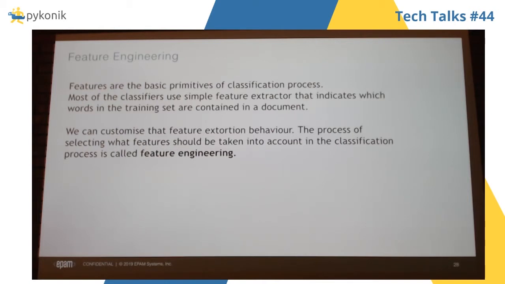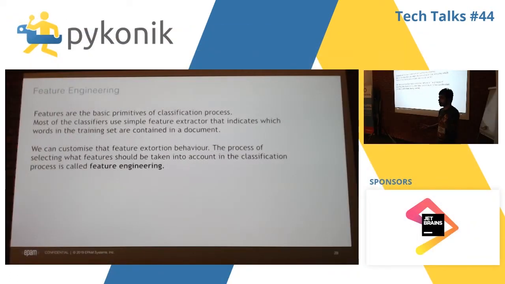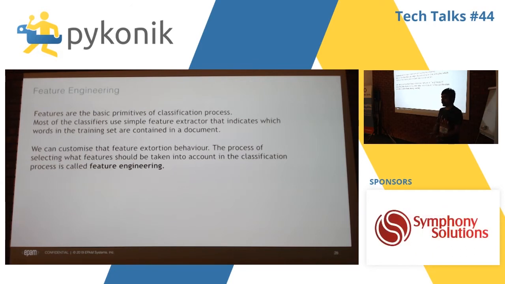For instance, if the sentence contains Picasso, probably it should be related with art. This is called feature engineering actually.